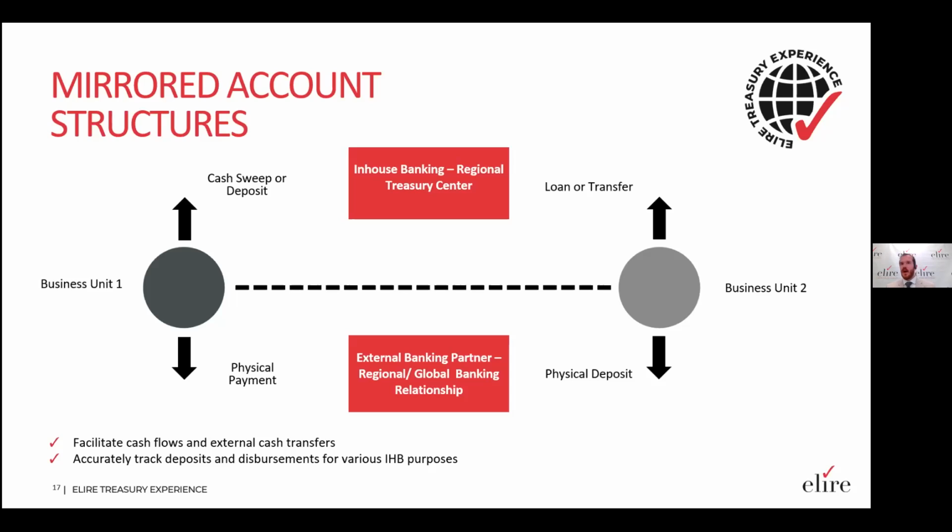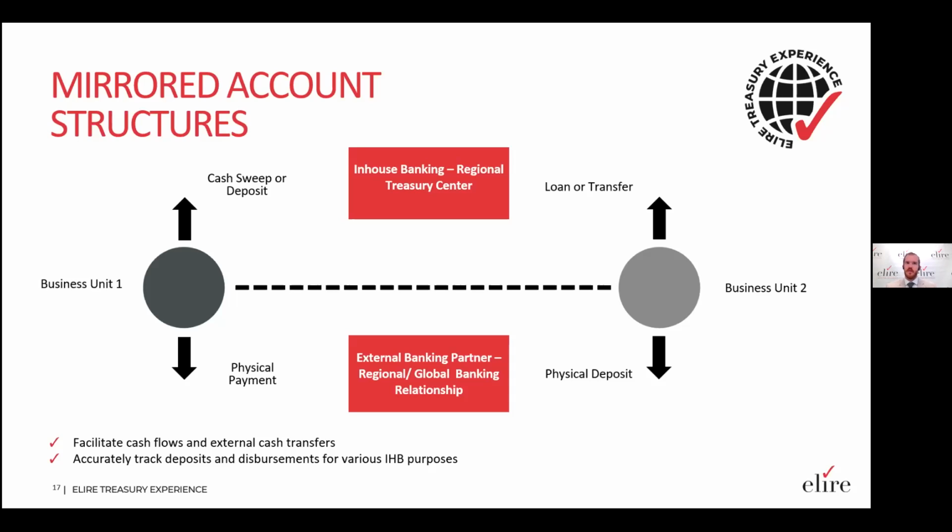So anything from cash sweeps or loans or transfers can also be tracked on the in-house banking side. So we're getting this great accounting benefit of all of our intercompany transactions also being booked and posted. We're not having to do a manual facilitation of any additional accounting entries. We're now getting these automatically, as well as our traditional automated payment accounting functionality. So that's really the great accounting benefit.